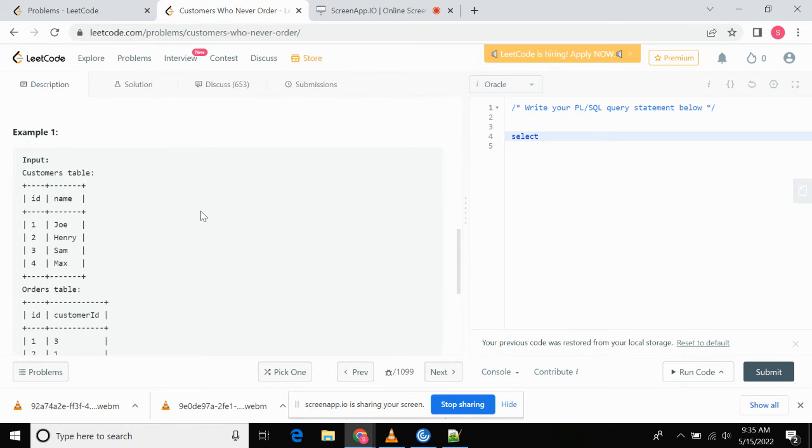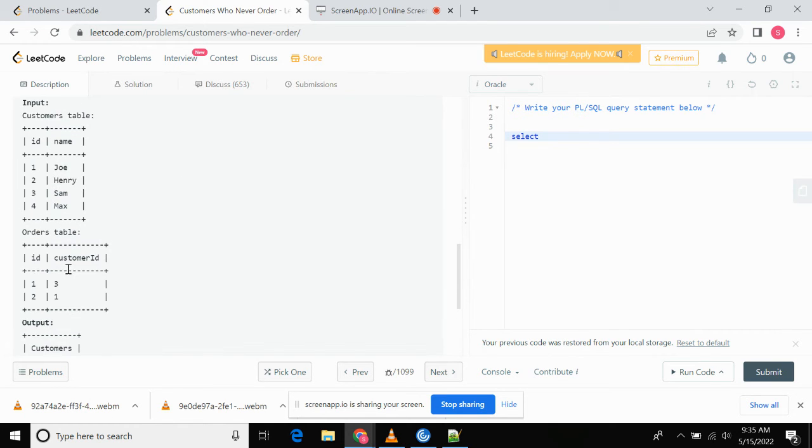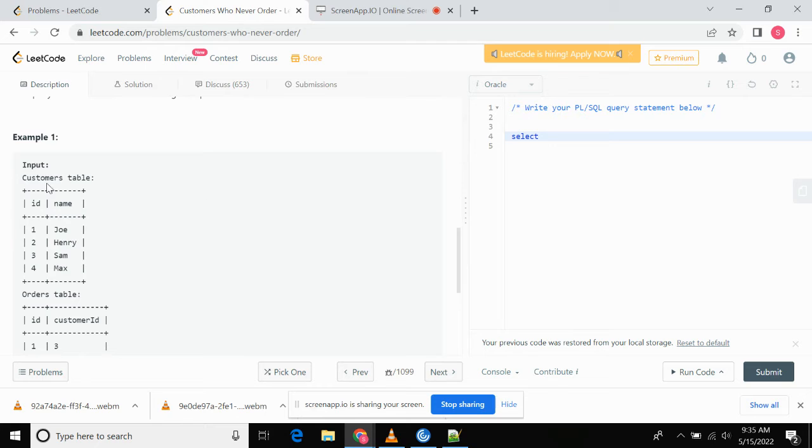Select. We just have to populate the customer, and the customer is in the first table. So name from customers left join order.